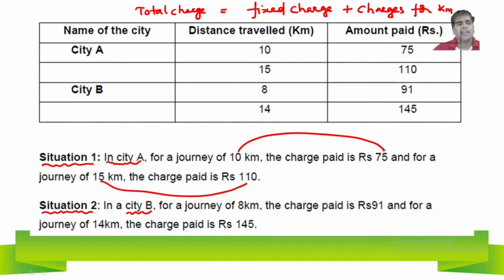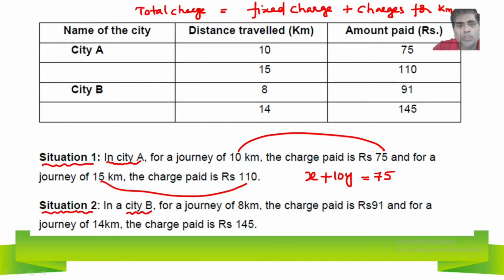In city A, in the first case, he has traveled 10 kilometers and he has paid 75 rupees. So he has to pay the fixed charge plus 10 kilometers times the charge per kilometer. So x plus 10y is equal to 75 rupees.